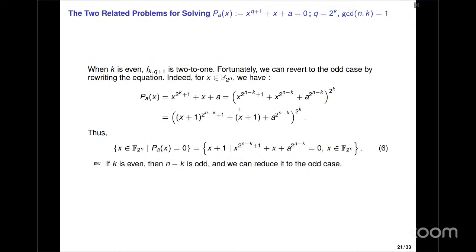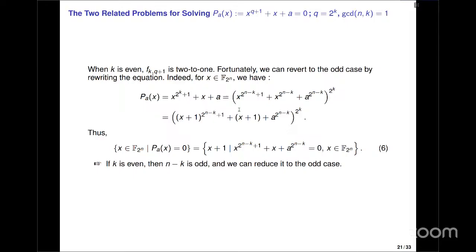Okay. So when K is even, because x is x by y, and through the Dickson polynomials, in this case, when K is odd it was a permutation, and now it's not a permutation, it's 1. So go back to the equation from the beginning, equal to 0, and we make this form. In fact, we see that it's exactly the same equation, we write n minus k, and x becomes x plus 1.